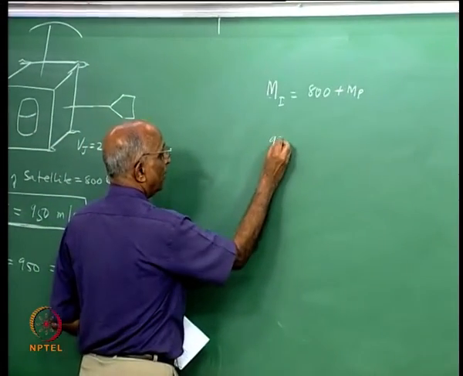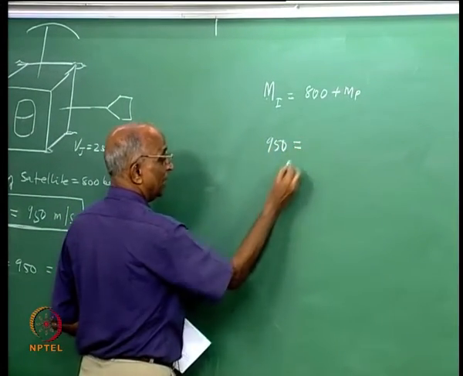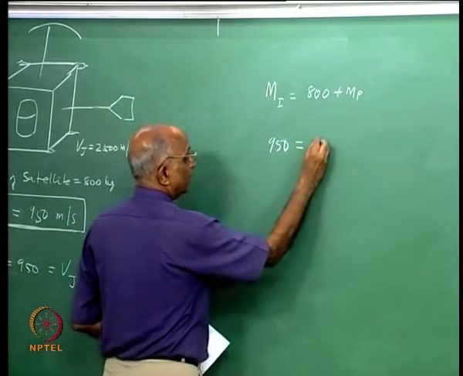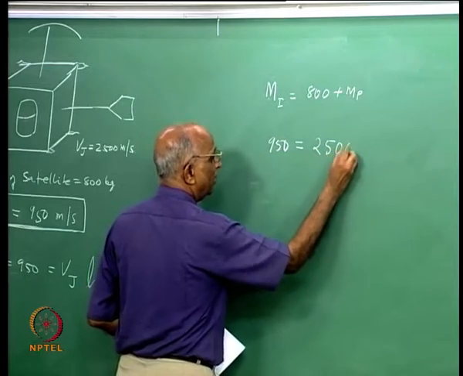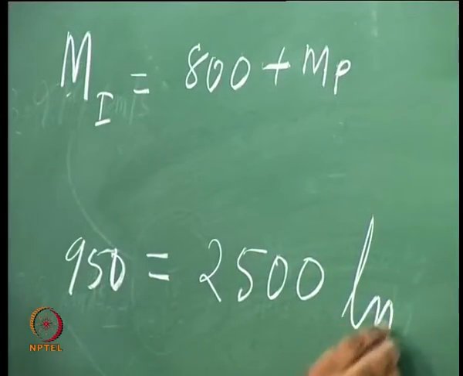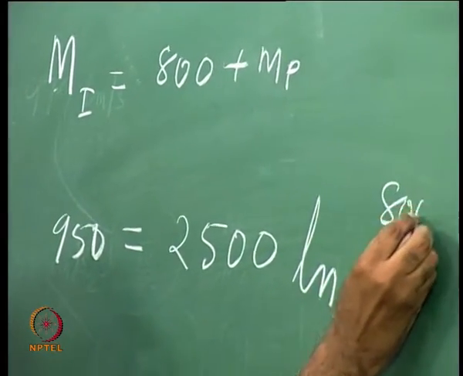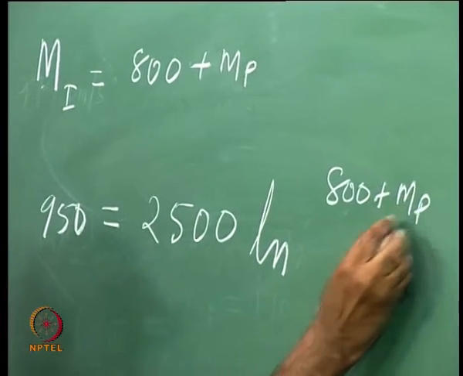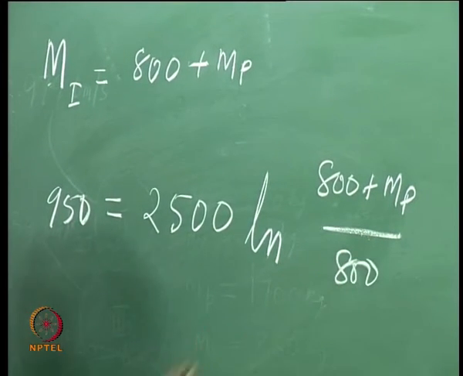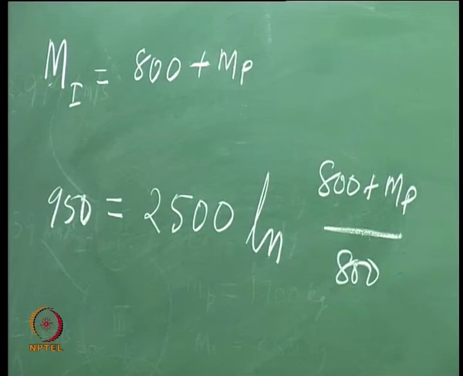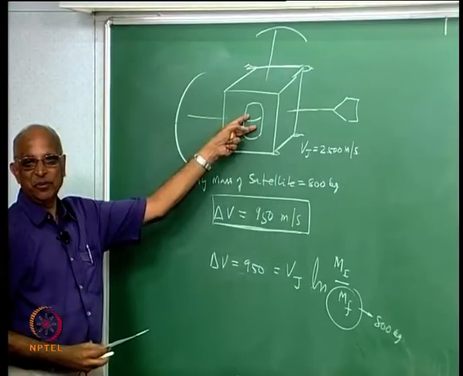Therefore, I have 950 is the velocity increment I require, the jet velocity is 2500 into logarithm of 800 plus the mass of the propellant divided by 800, and we know what is the mass of propellant to be integrated.